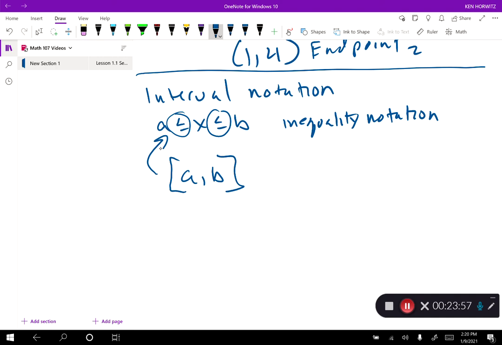This is called a closed interval. No matter what notation you use, it's called a closed interval, because there is a definite starting and stopping point for what the x value could be. Could be a, could be b.